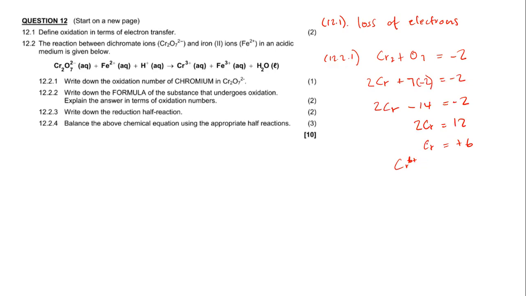If you forget how to write this, take hints from here: you write the number and the positive sign. So you can calculate it like this, or you can just write 6. It's 1 mark after all. But this is how you actually determine the oxidation number for chromium in the dichromate ion. That will be 12.2.1.